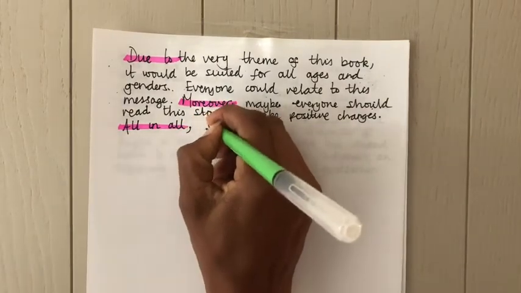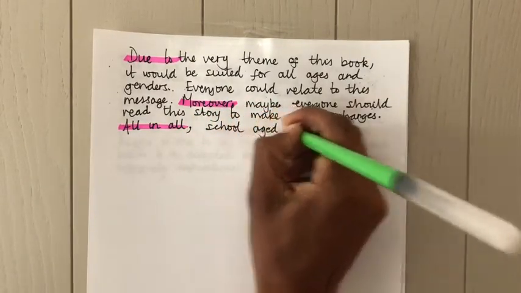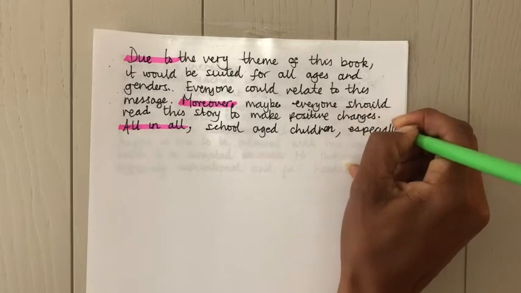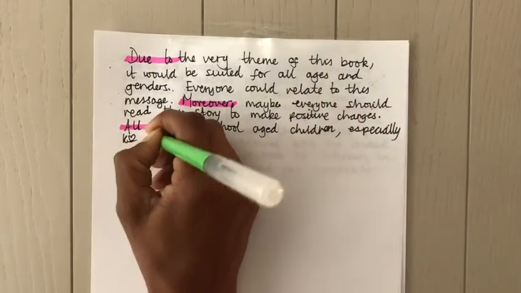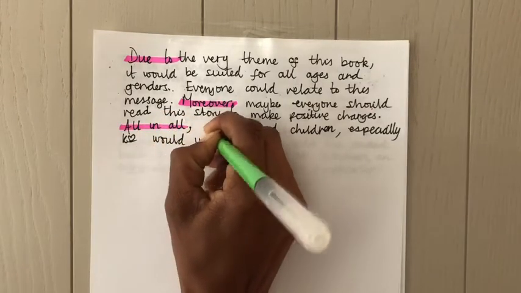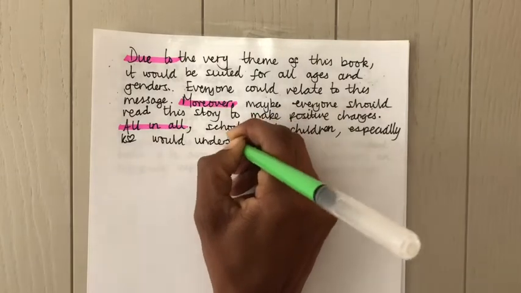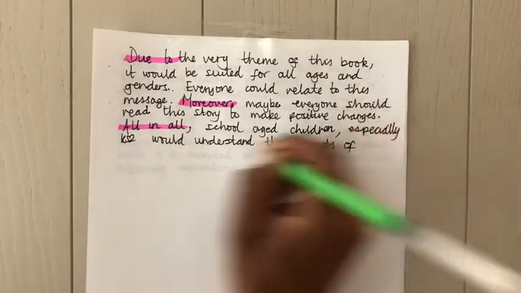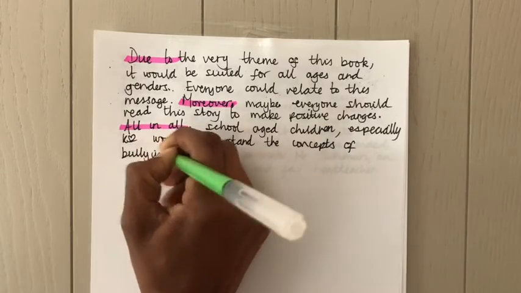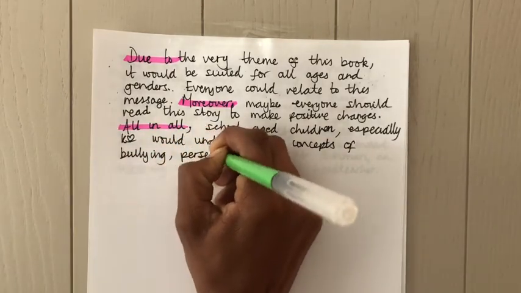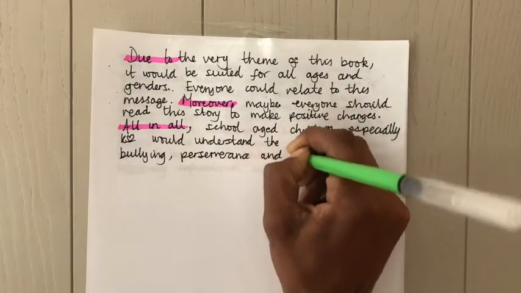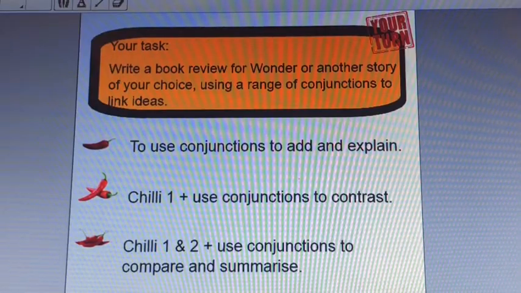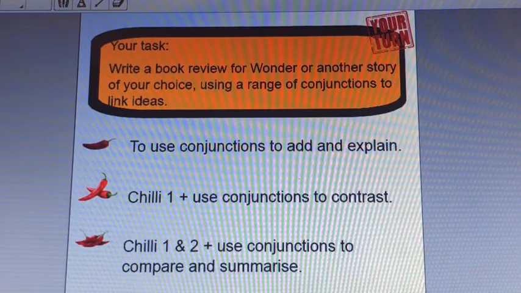All in all, school-aged children, especially Key Stage 2, would understand the concepts of bullying, perseverance and friendship.